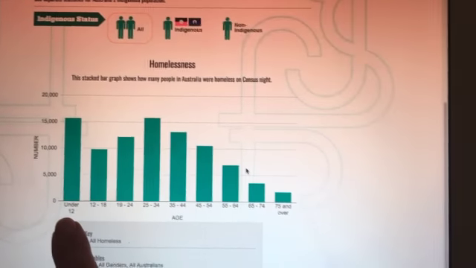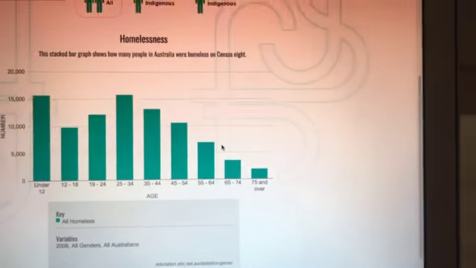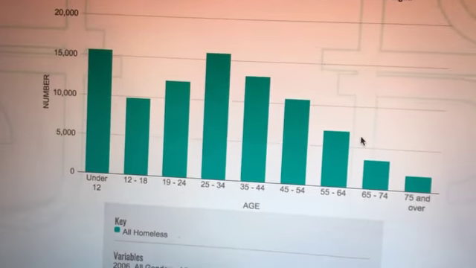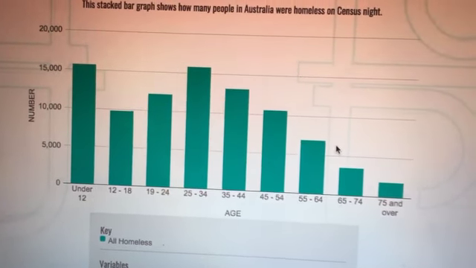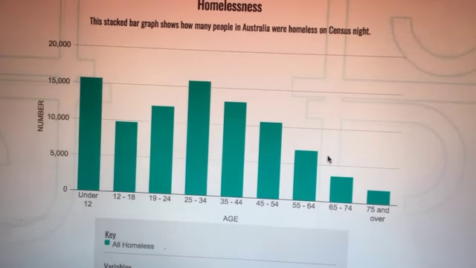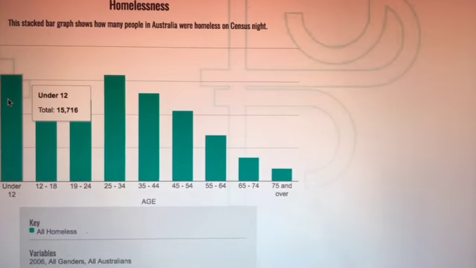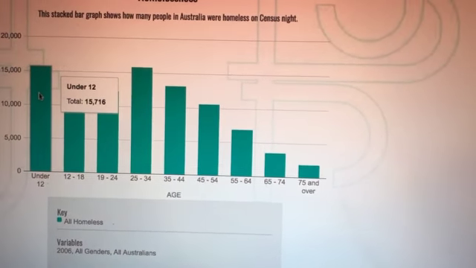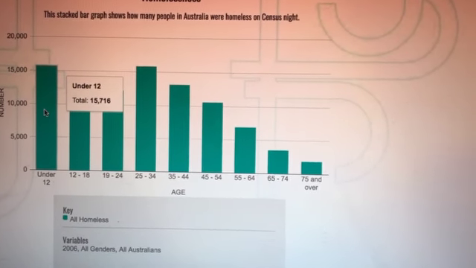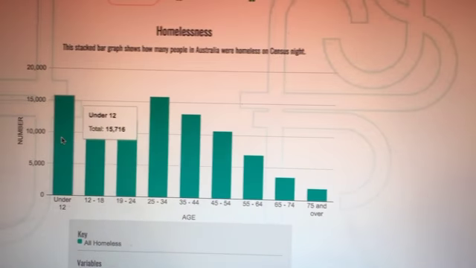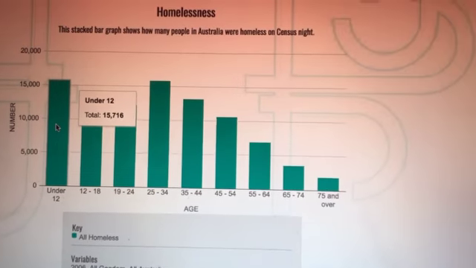And we can see from this graph, can anyone tell me, looking at the graph, how many people, boys and girls, have said that they are homeless under the age of 12? That's right, it's about, or if I hover over that bar, it says 15,716 people under the age of 12 living in Australia and homeless.